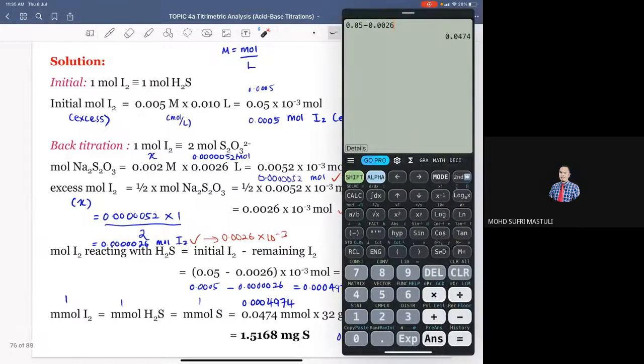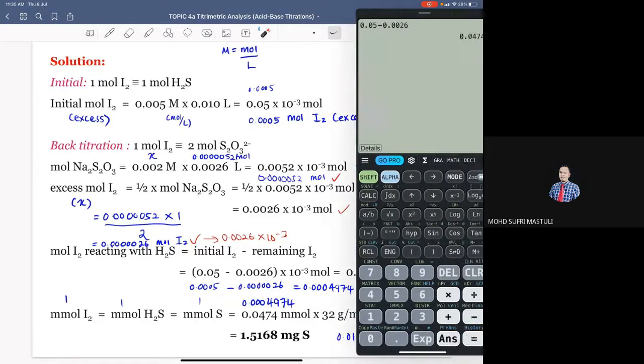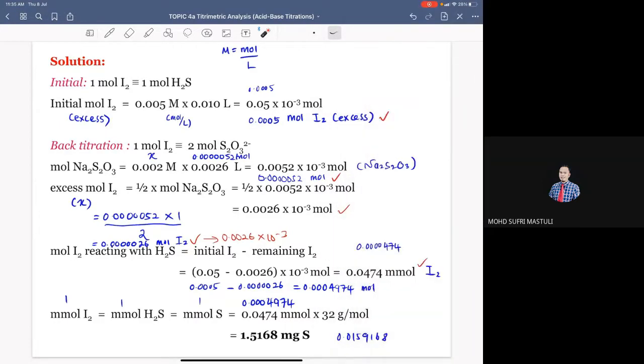What's wrong with my calculation? I think this should be 4.